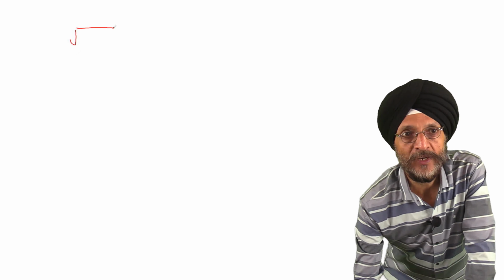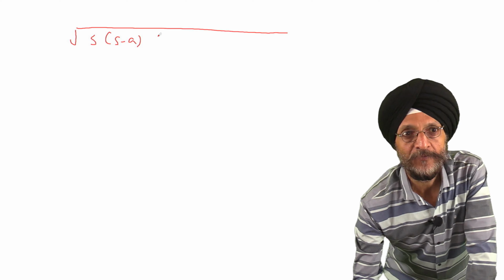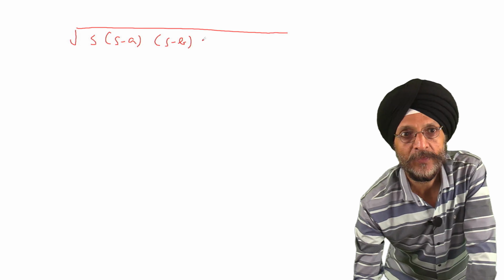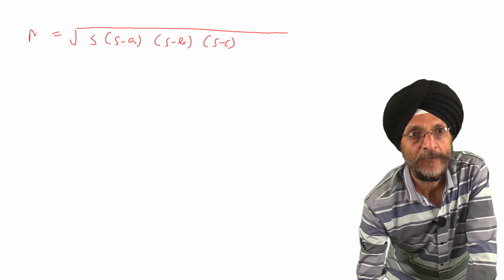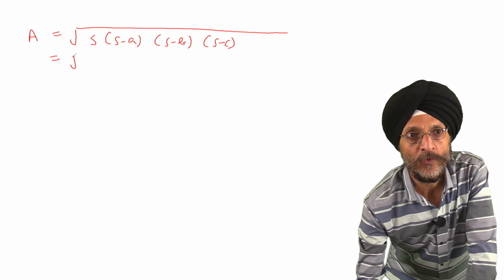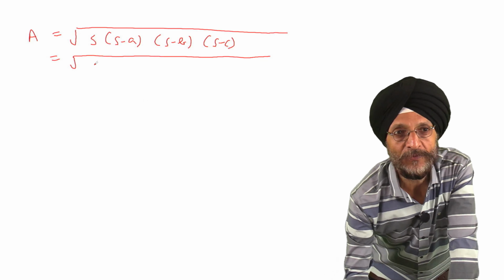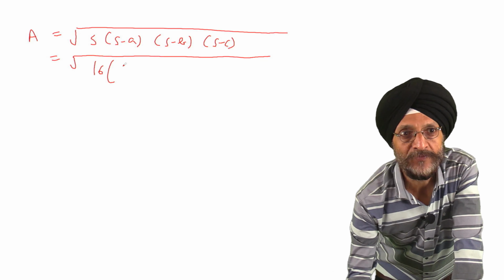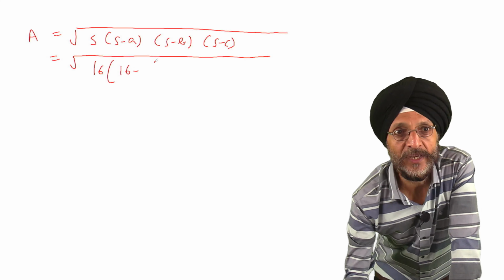So we will again write the formula, minus C. So we will fill in the values of S. What is the value of S? It is 16. So S is 16. What is the value of A? 15.